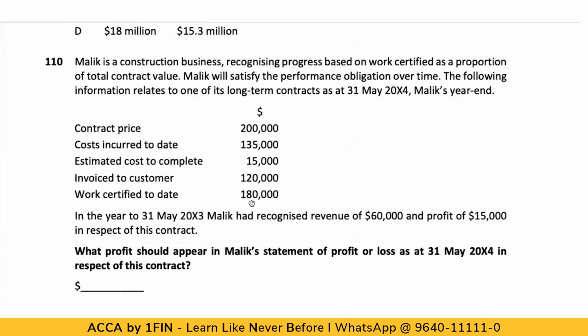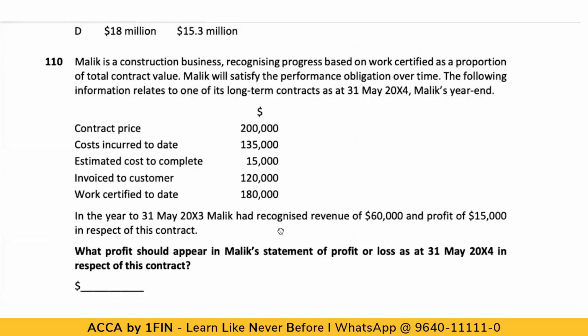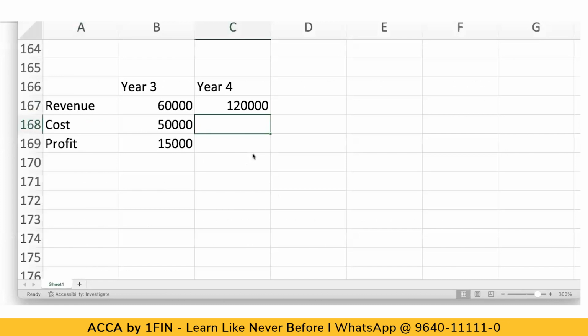You have already recognized 60. So 120 is what you should recognize here. Cost incurred till date is 135. So you have already recognized 50. So 135,000 minus 50,000, 85,000. So the profit to be recognized in this year is 120 minus 85, 35,000.